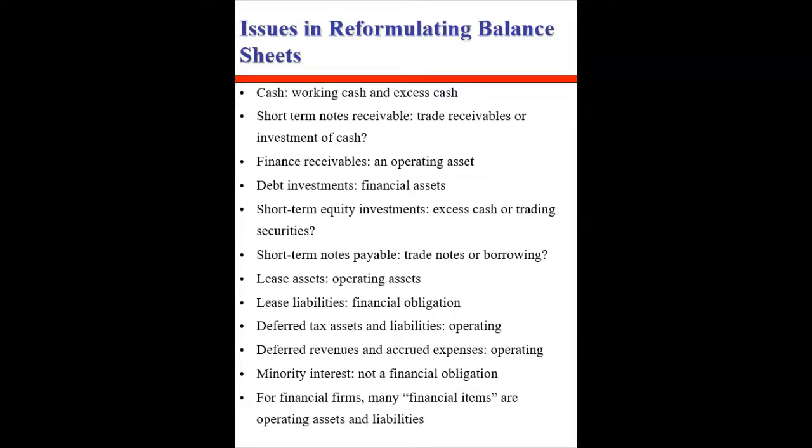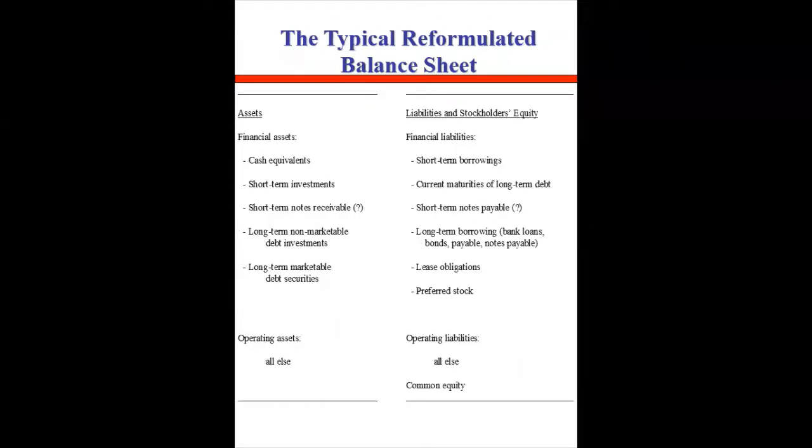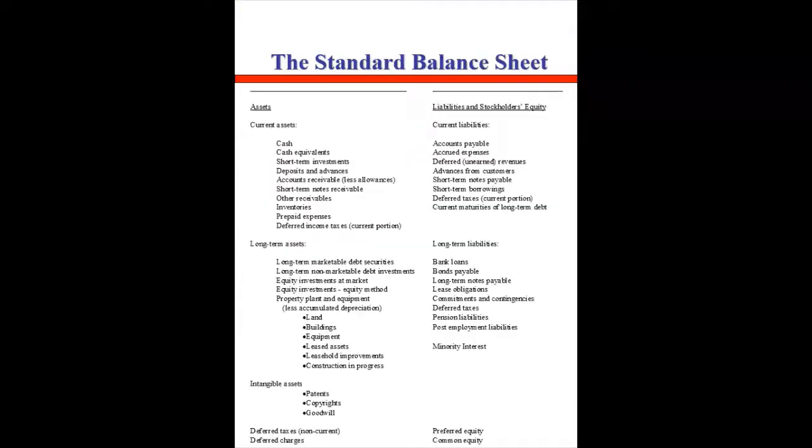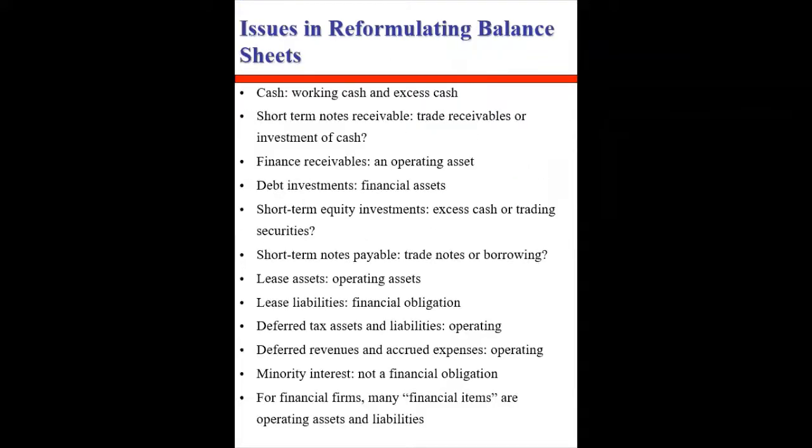Okay. So the cash, the first item in the balance sheet, you see in the standard balance sheet, the cash and cash equivalent, the first item in the current assets. Okay. So we need cash for several purposes. So the purposes are grouped into two broad headings.